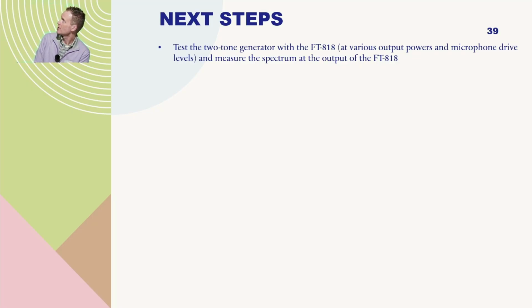So the next steps. I got all that done not so long ago, just in time for this presentation. I find presentations are excellent deadlines for making sure you finish projects. The next step really is to get it into the FT818 and then measure the distortion of my actual FT818 at various microphone levels and output powers.